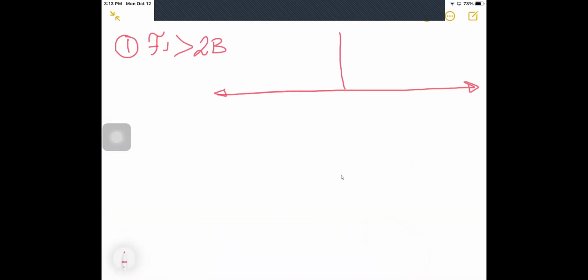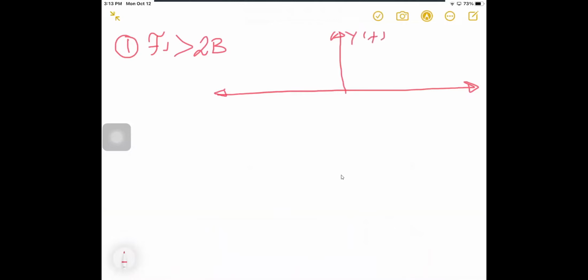We said that this will be y of f, and this one is f. This will be fs, 2fs, minus fs, and minus 2fs. Of course, this one will be 0.